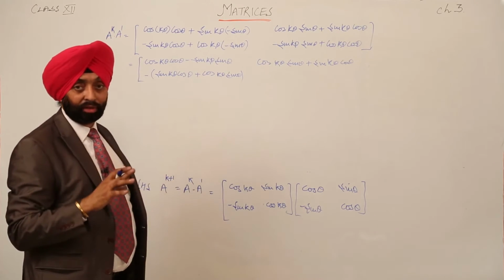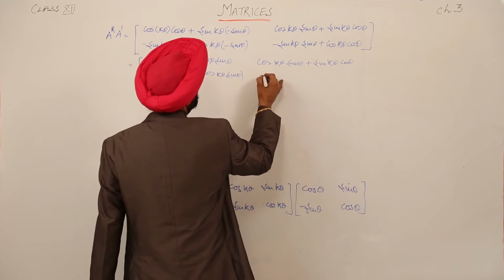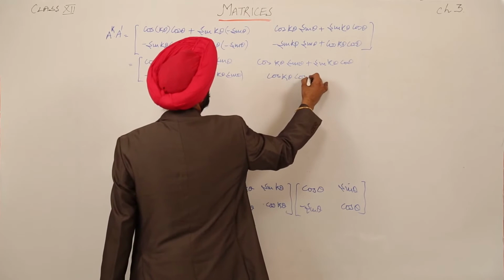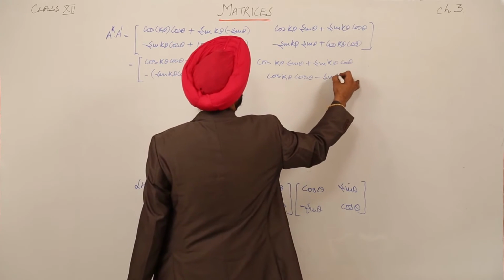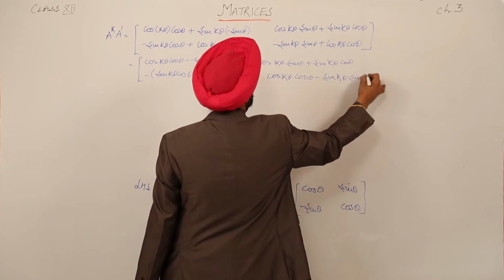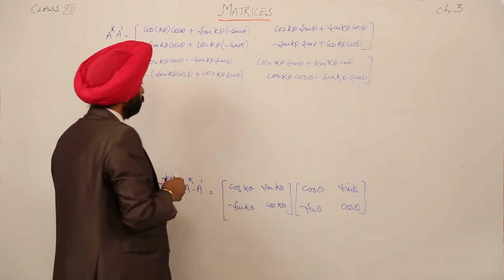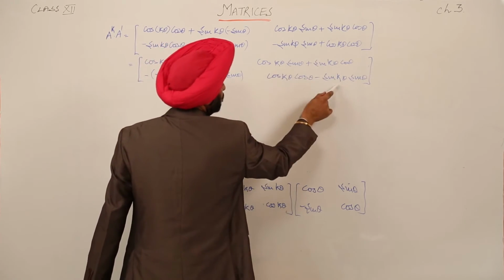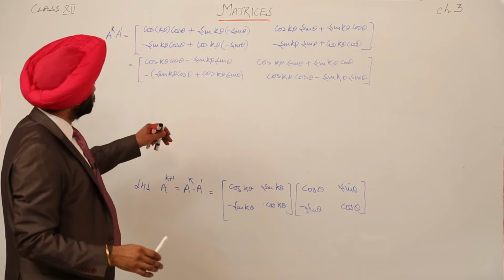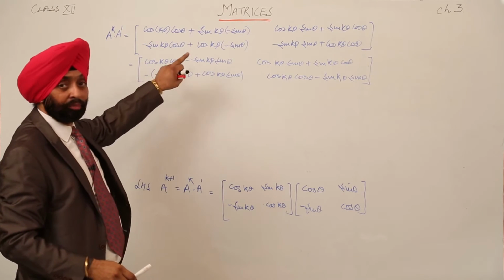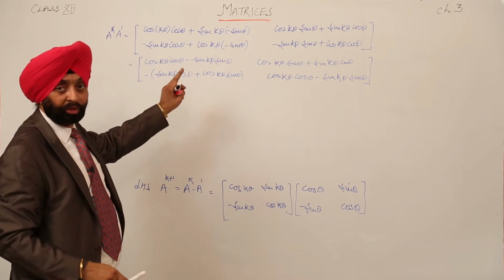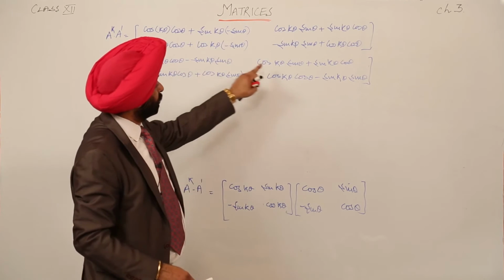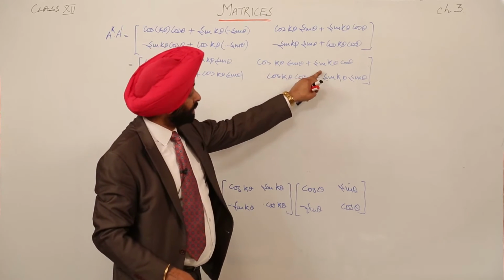Both terms are minus, I have taken minus common, and this becomes cos k theta cos theta minus sin k theta sin theta. I have taken this as a first and negative of this one I have written further. Now what this becomes? Cos A cos B minus sin A sin B, and again cos A cos B, it is cos A sin B plus sin A cos B.